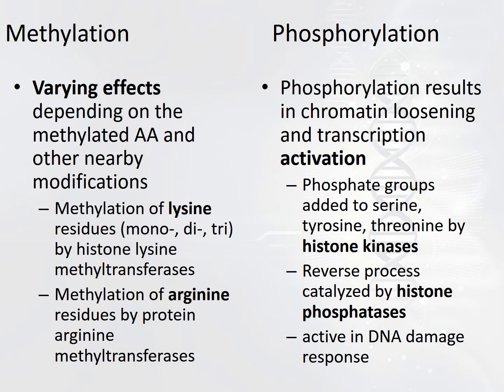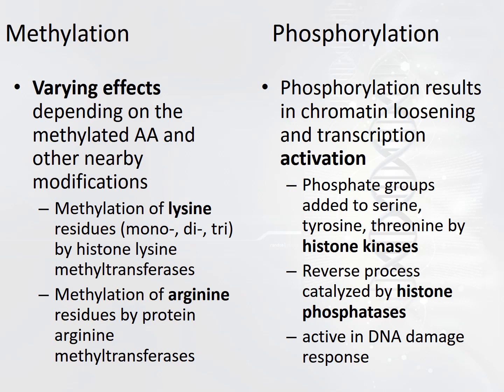The other two important histone modifications are methylation and phosphorylation. Methylation occurs by addition of a methyl group, this time not to DNA, but to an amino acid on histones. The effect of this methylation and the enzymes that are used for adding these methyl groups to the histones depend on whether the targeted amino acid is an arginine or a lysine.